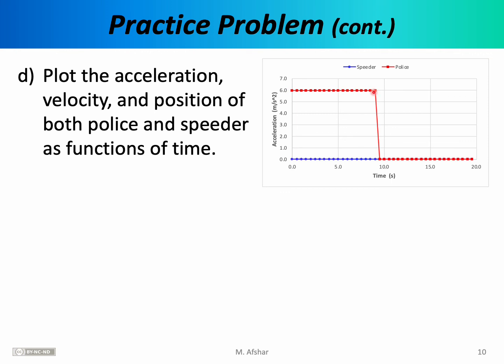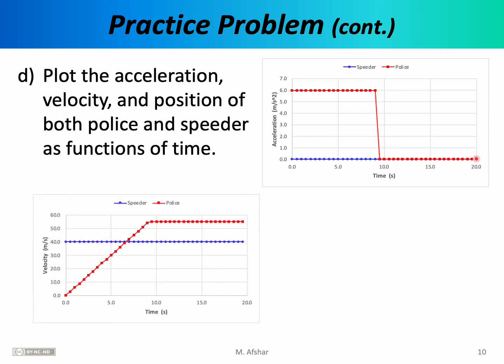But once the speedometer reaches its maximum speed, the police motorcycle cannot go any faster. That doesn't mean that he stops moving. He's going to continue to move at a pretty fast rate, but his acceleration is now going to drop to 0. So after about 9 seconds, both the speeder and the police are moving with an acceleration of 0. So they have the same acceleration, but they most certainly do not have the same speed.